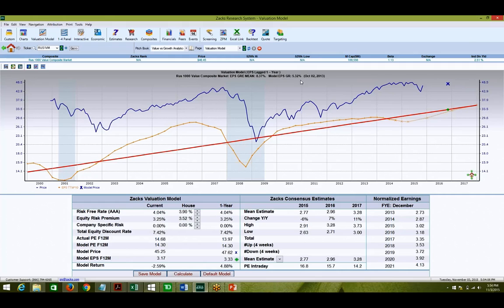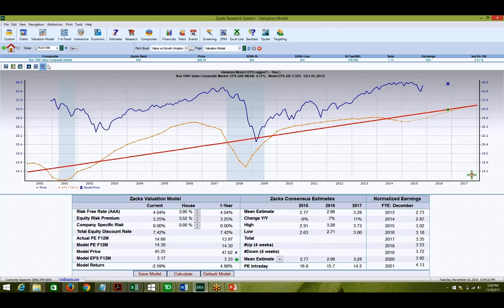So, taking our base assumption of 5.32% growth, we can immediately see that the Russell 1000 value's lower price multiples, and despite the fact that value stocks have lagged growth stocks, we can still see that value stocks are roughly overvalued by about 2.6%, and represent only roughly a 5% upside over the next year.